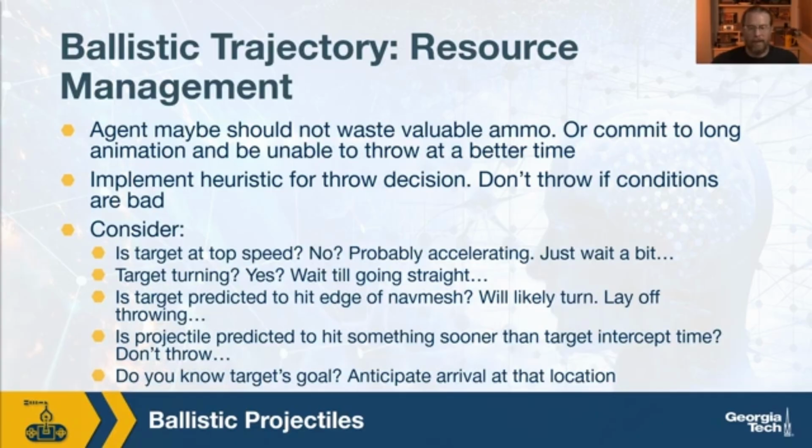If it's like a human player and they're trying to go grab the pot of gold and your agent is throwing bombs to stop the player from getting there, well, you can anticipate that the player is probably headed towards whatever the location is, like the pot of gold. So there's lots of heuristics you might consider that will influence the throwing behavior.